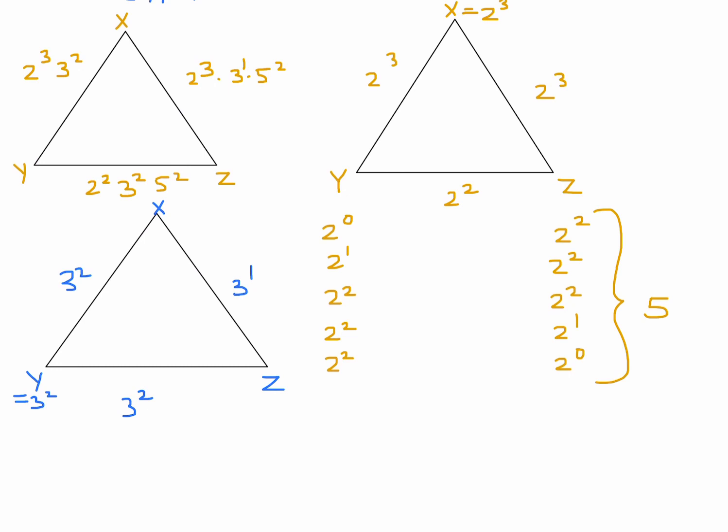Well, x and z, a few choices, right? We can have either 3 to the power of 1 for x, and z could be 3 to the power of 1 also. Or you can have 3 to the power of 0 for x, and 3 to the power of 1. Or you can have 3 to the power of 1 here, and 3 to the power of 0 here.